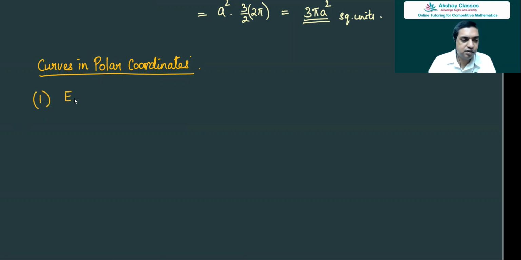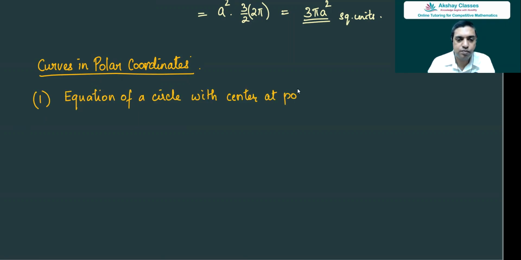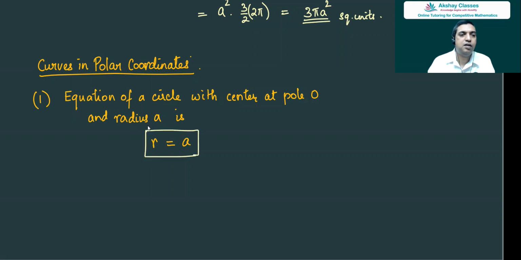The equation of a circle with center at the pole O and radius A is, in polar coordinates, r is equal to A. This is the equation. We can see this.